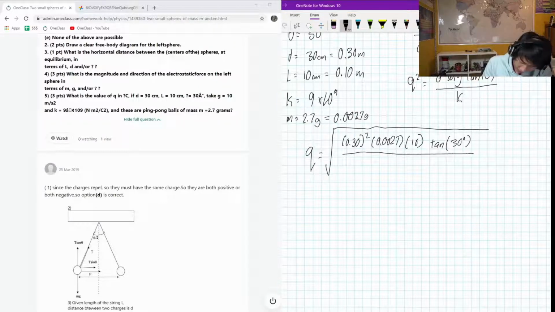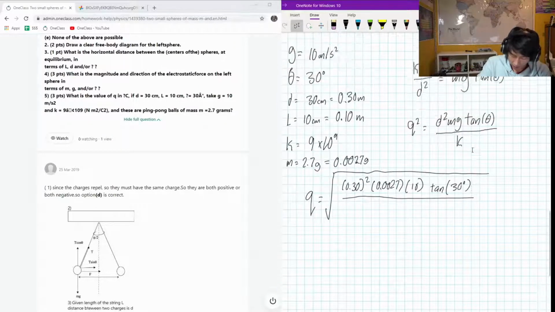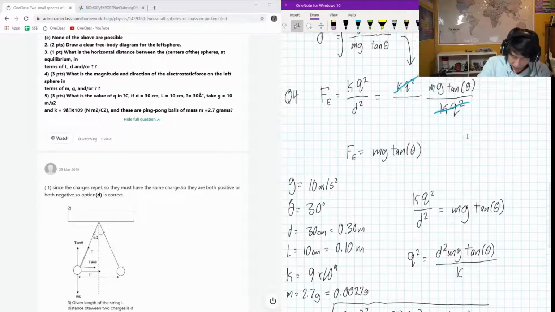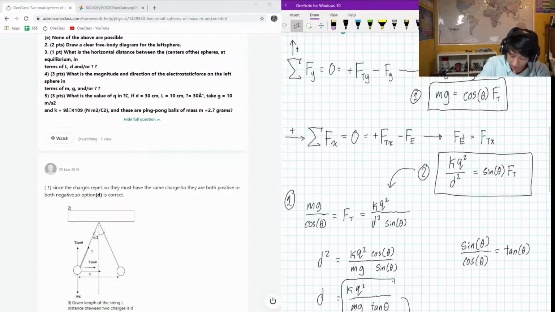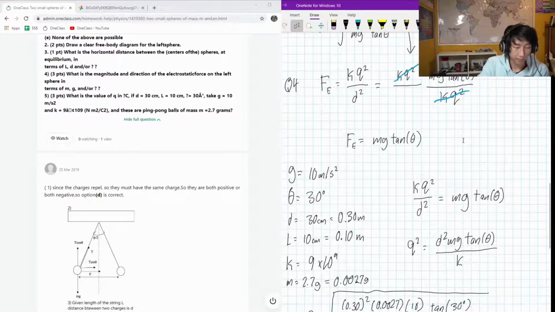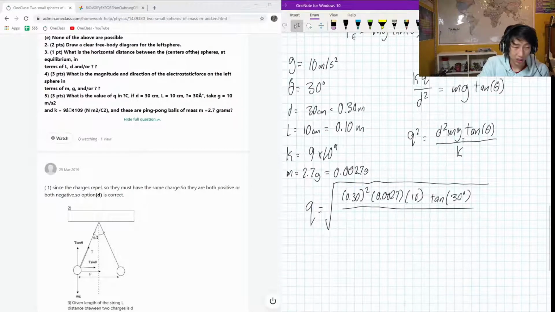Did we have L in here anywhere? I don't think we did. It turns out that sometimes you will get information in your equations that is not particularly relevant. Nothing to be worried about. Let's keep it moving with this calculation, divided by 9 times 10 to the 9 downstairs here.